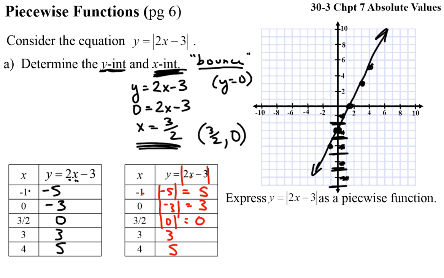And again, because it was the absolute, our negative y's became positive. So if I graph this one now, -1, -5 is now -1, 5. 0, -3 is now 0, 3. 3/2, 1 1/2, 0 stays the same. My 3, 3 and my 4, 5. And what do I have?